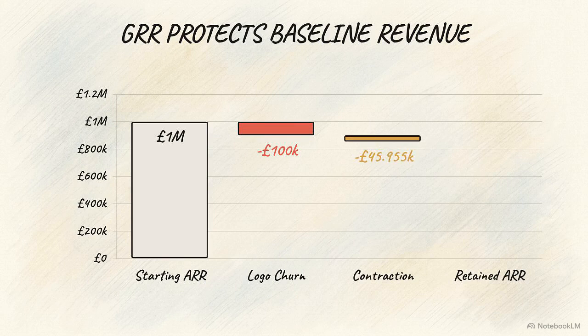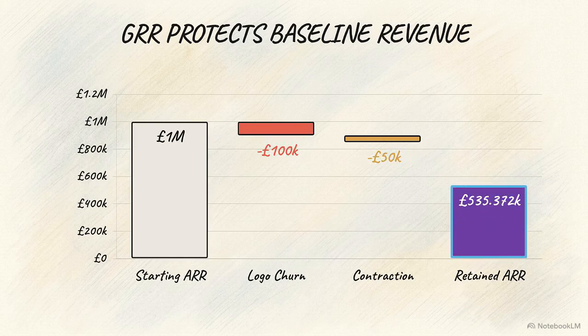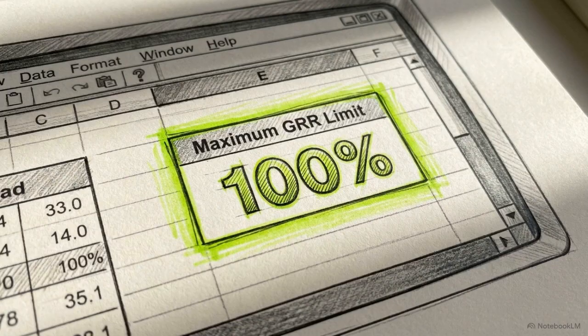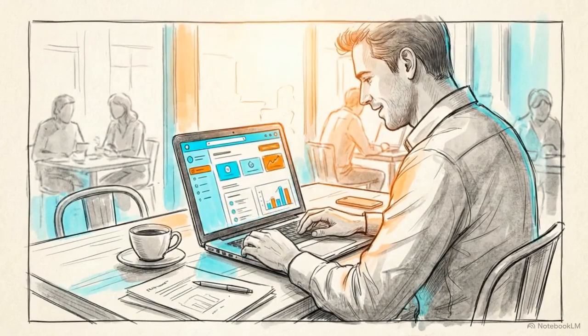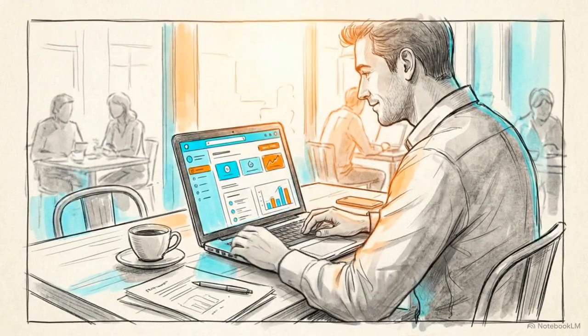Additionally, a few clients stay but downgrade their packages, chopping another £50,000 of contraction off the top. This leaves us with £850,000 of retained revenue. Dividing that by our £1 million start gives us a gross revenue retention of 85%. GRR is a strictly defensive metric that caps at 100%. It isolates the true strength of your core product by answering exactly how much revenue survives if you never upsell anyone.